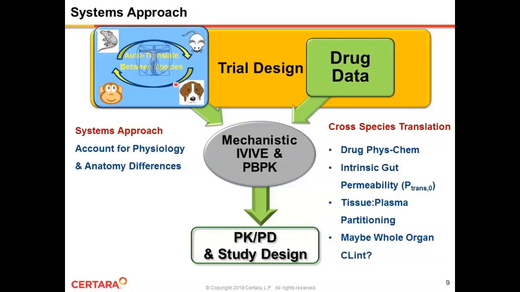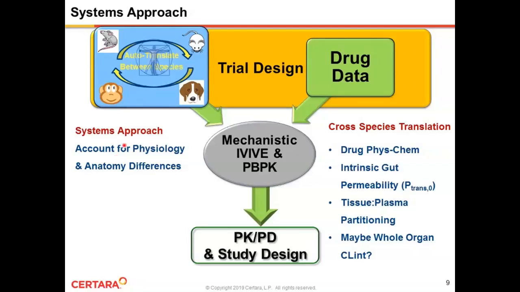So when you're translating PK profiles, or when you're translating data from animals to humans, you have to keep in mind that there are certain parameters and certain quantities that can be translated readily from animals to humans. And because of this systems approach that we have, if your model is pretty robust in terms of its input parameters, then of course you can switch between the species or within a species.